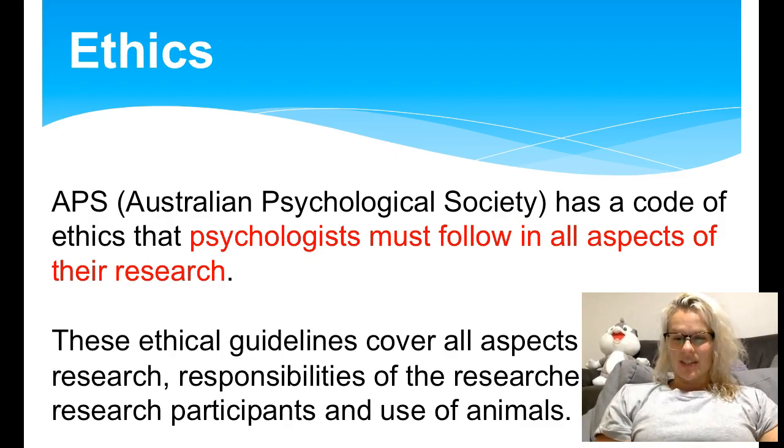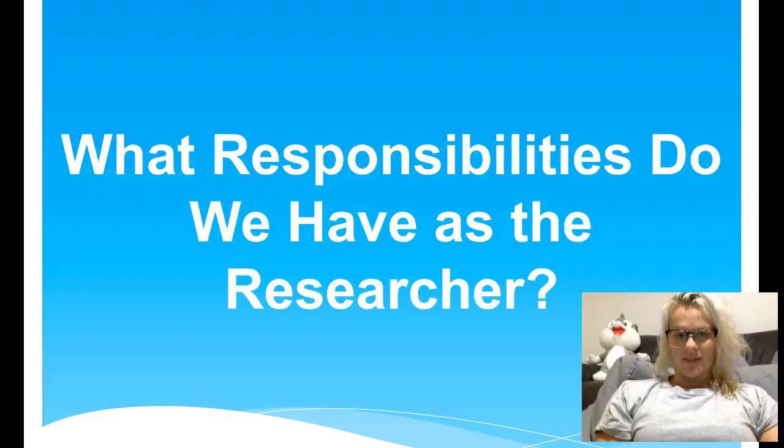All investigations and all experiments have to go through the Australian Psychological Society. There's a code of ethics that all psychologists and researchers must follow in all aspects of their research. So they write their plans, and if it doesn't stick to these, then they have to scrap it and start again. These ethical guidelines cover all aspects of the research: the research itself that's happening, the responsibility of the researcher themselves, the rights of the research participants, and the use of animals in research as well.